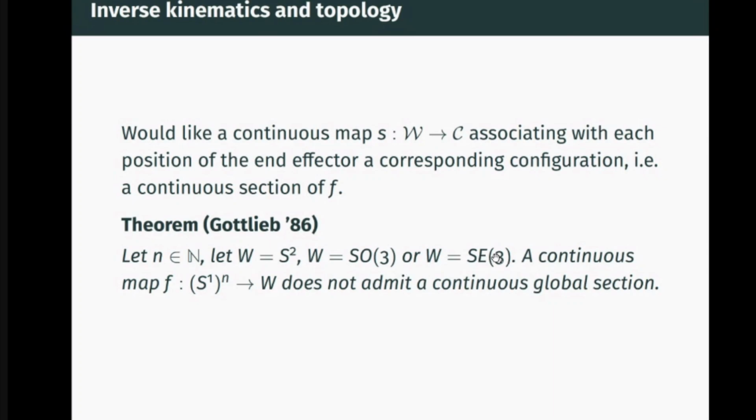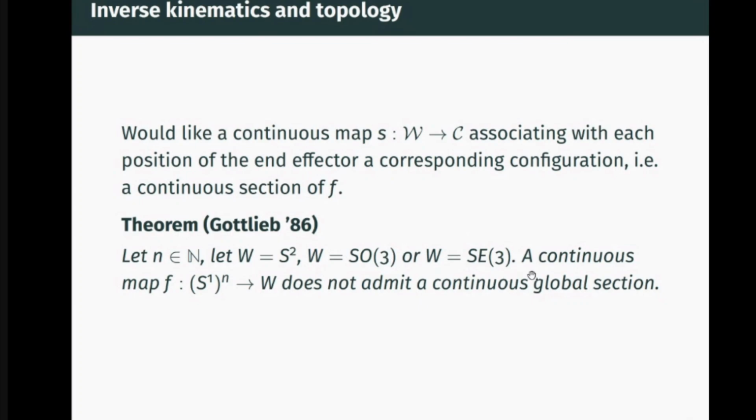If you don't know this, it doesn't matter here, but this is also something quite natural in robotics, because rotations and translations for mechanical objects is what we want to study. And of course, SO3, we have a 3-frame, so an orthonormal basis for R3. You can see this as the positions of the axes of the robot as a 3-dimensional device. So these are quite natural things that occur.